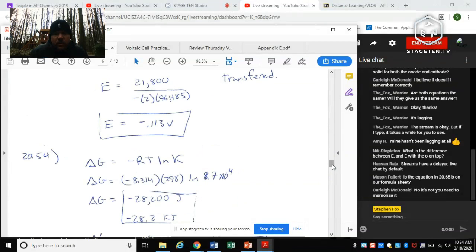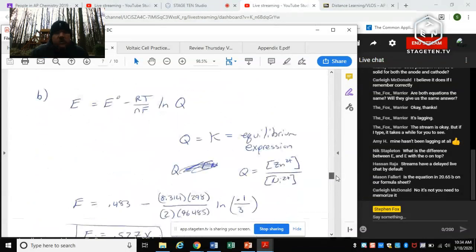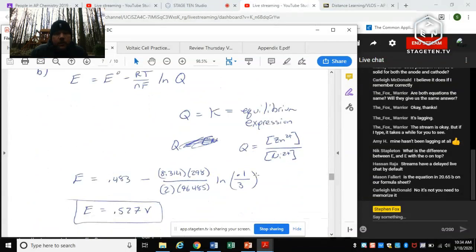Okay, so we calculated the standard cell potential using our reduction potentials, so we figured that out. 2 is the moles of electrons being transferred. F is Faraday's constant, so 96,485. Again, that's on your formula sheet. And we have to understand that we didn't change the temperature, so we're still at 298.